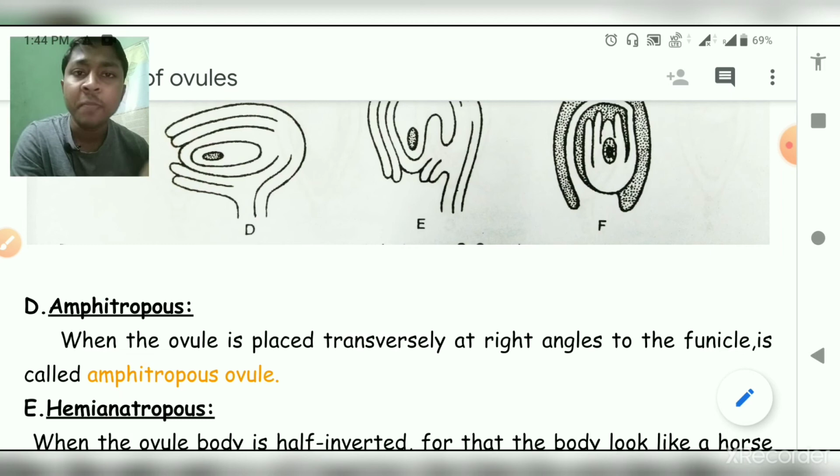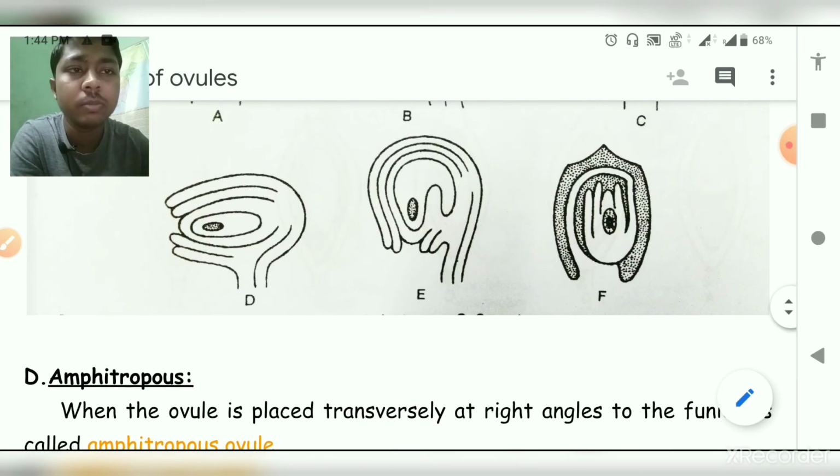So hemianatropous means half anatropous, half inverted ovule. So here picture E shows you the hemianatropous ovule.